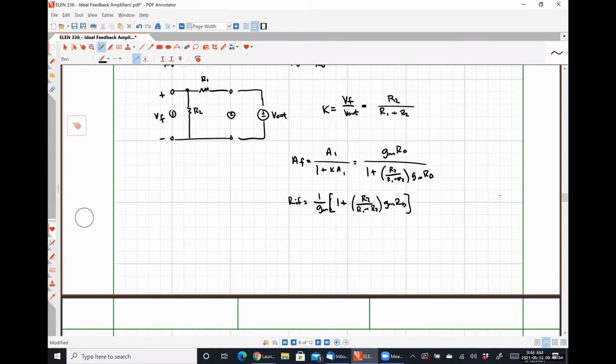And our output resistance with feedback, R naught F, is going to be RD over 1 plus KA1, so RD over 1 plus R2 over R1 plus R2 times gm RD. So we have successfully completed homework 5, problem 3. That is this problem.